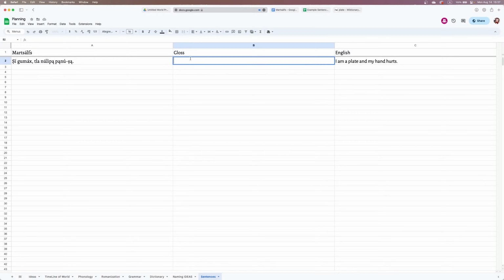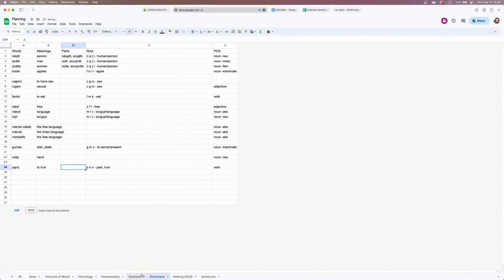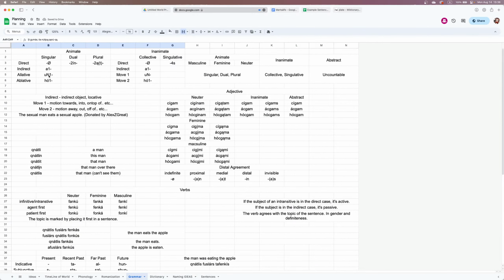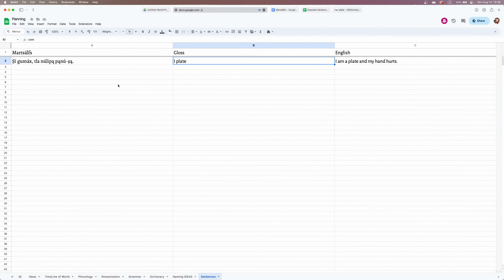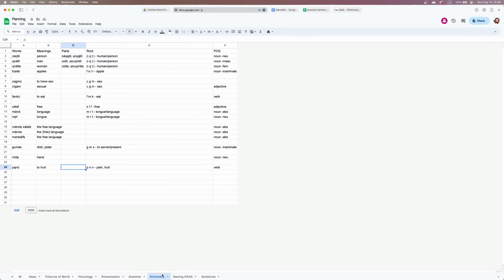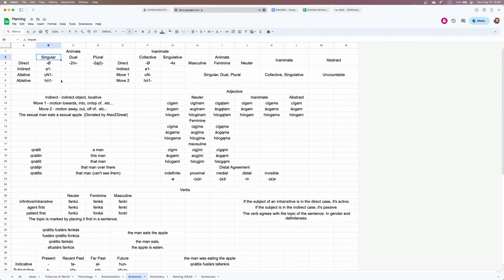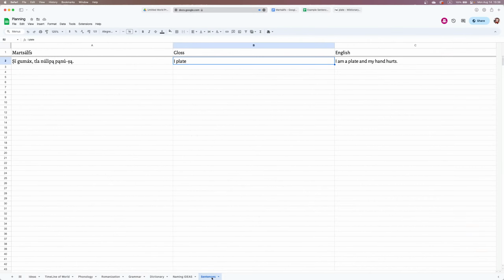So gloss I plate, and plate there's in the direct singular. I don't have to change anything about it. It is in the direct singular.